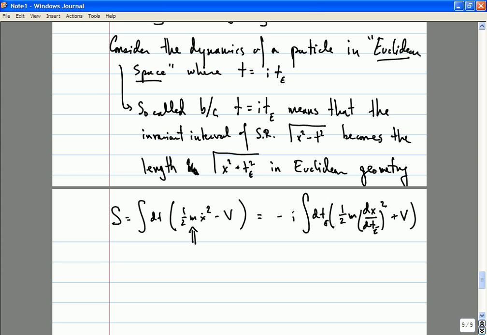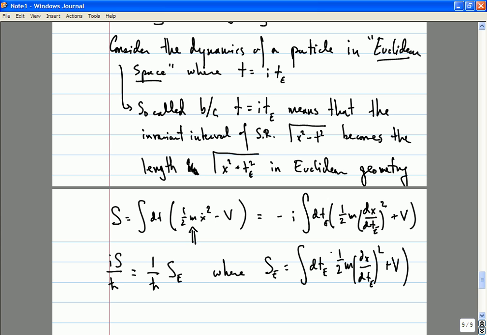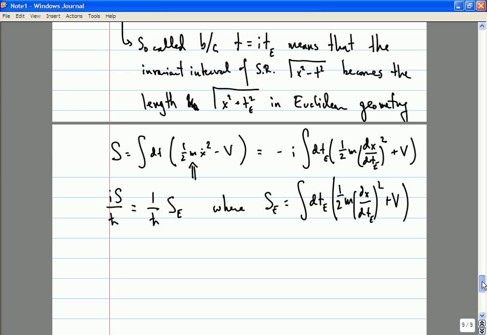So that means that the exponential factor that appears in the wave function in the semiclassical limit is 1/h bar times the Euclidean action, (1/2m) times dx by dt Euclidean squared plus V. And just as in normal mechanics, I can find a classical path by extremizing the usual action, I can now find a classical path through Euclidean space by extremizing the Euclidean action.